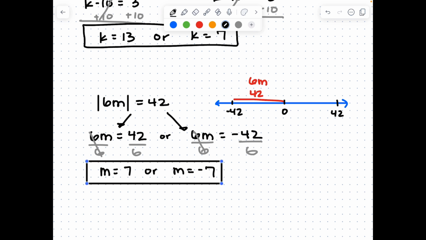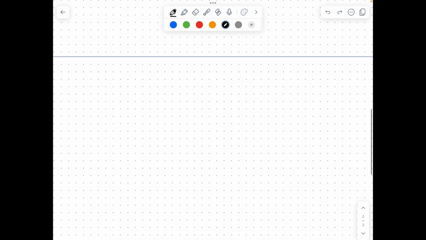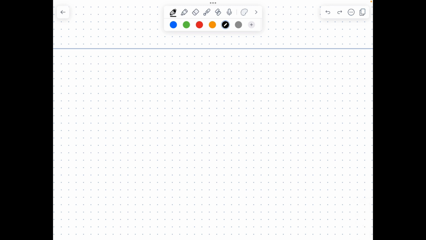Now, where these can get a little bit tricky is when you don't start out with just an absolute value of something equals a plain old number. Sometimes you might have a situation where it actually has other things happening, like maybe this example: 4 times the absolute value of n plus 8 equals 56.